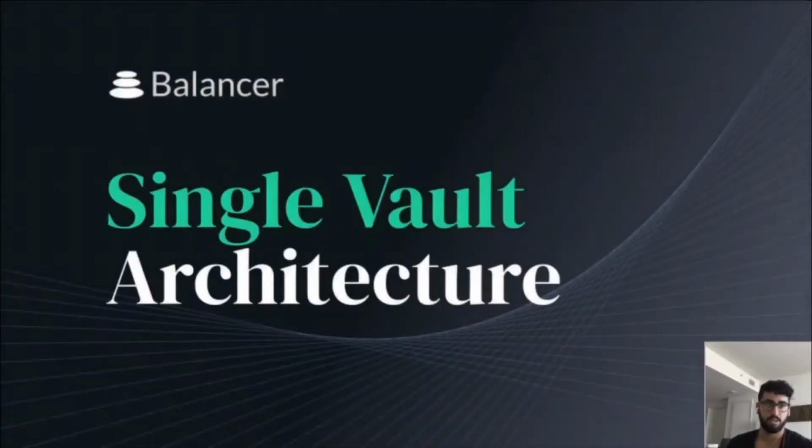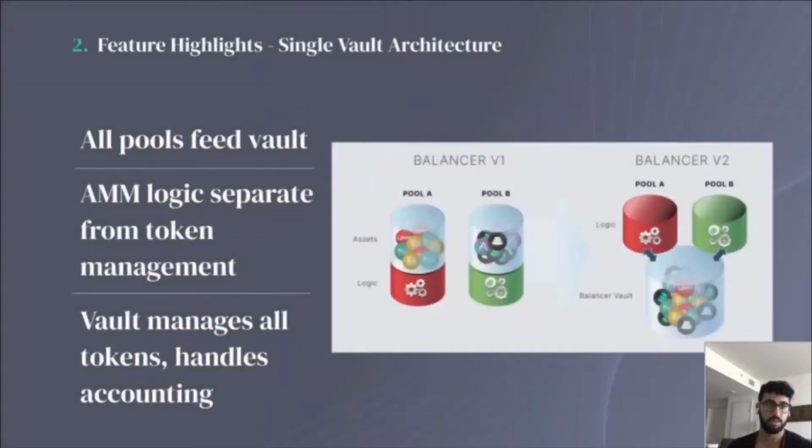The first is the single vault architecture. In Balancer V2, there is a single vault that holds and manages all assets from all Balancer pools. In V1, every liquidity pool is a separate smart contract that holds tokens separately. In V2, they're all held in one vault.